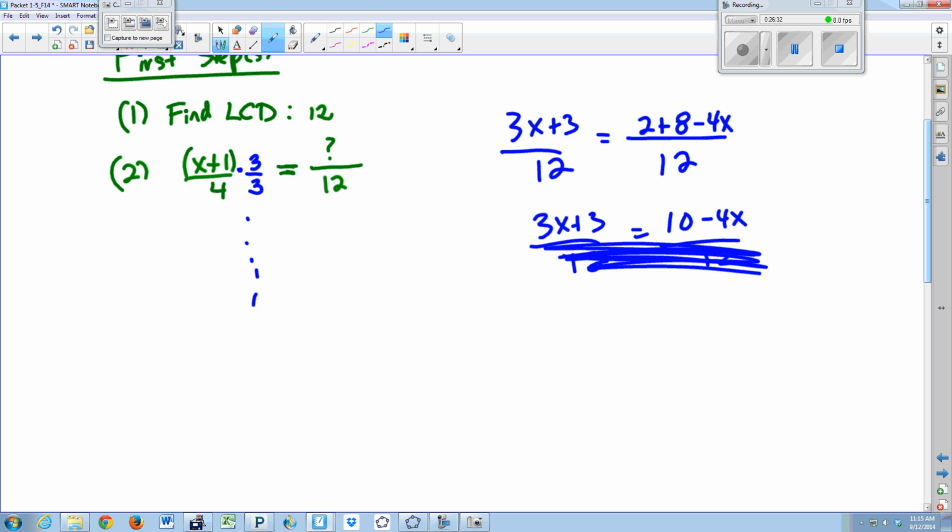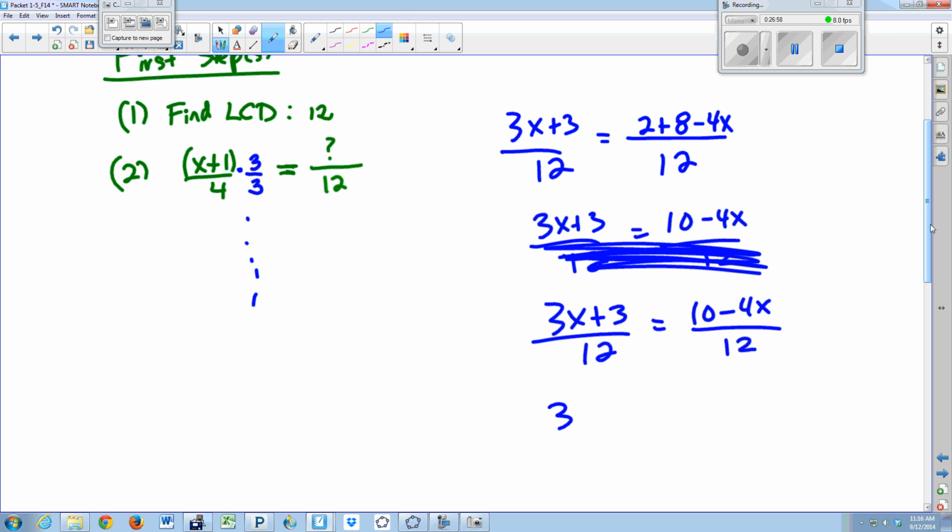Is that an easy equation to solve? 3x plus 3 equals 10 minus 4x? So what's heartbreaking for me is I see students do all this work, they get to something like this, and then they stop. Their mind can't even process this. They're like, what do I do now?